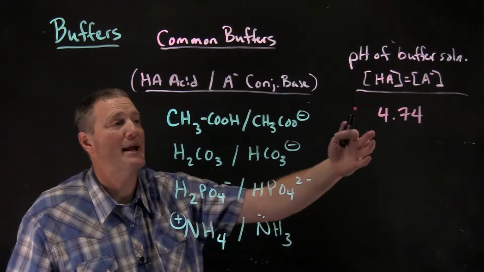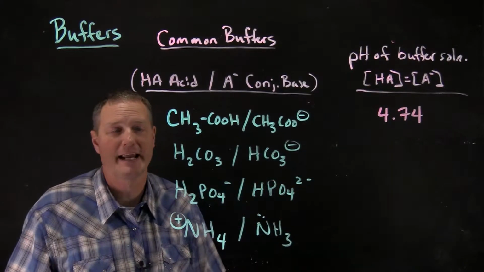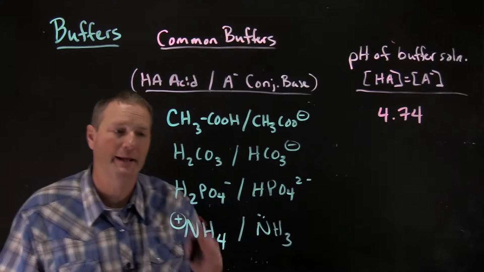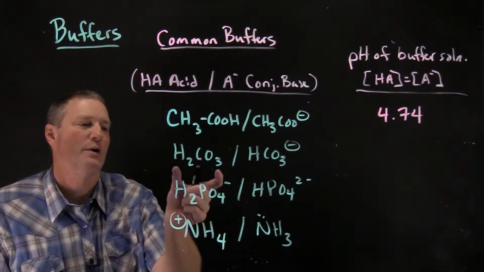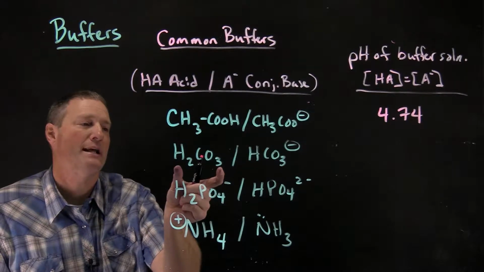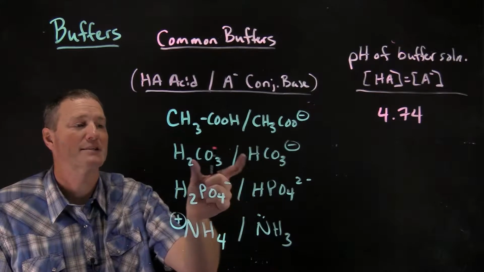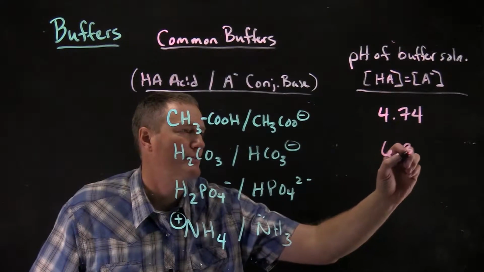So that would be the pH of this equimolar solution containing both acetic acid and the acetate anion. Another example is this one, called the carbonate buffer. Here I have carbonic acid, H2CO3, and I'm going to mix its conjugate base, the bicarbonate ion. If I mix those in equal molar amounts, the pH would be 6.30.